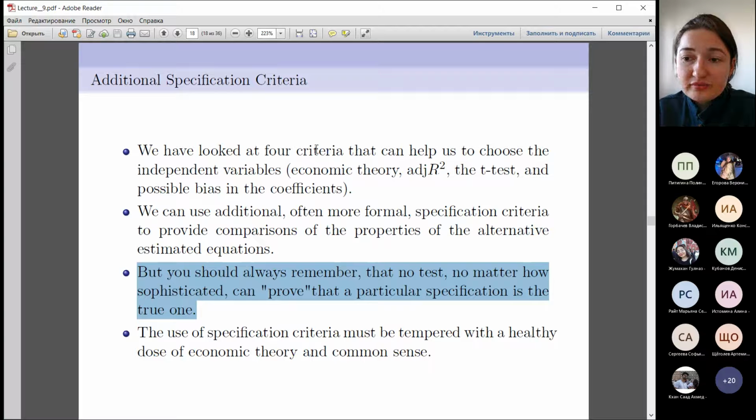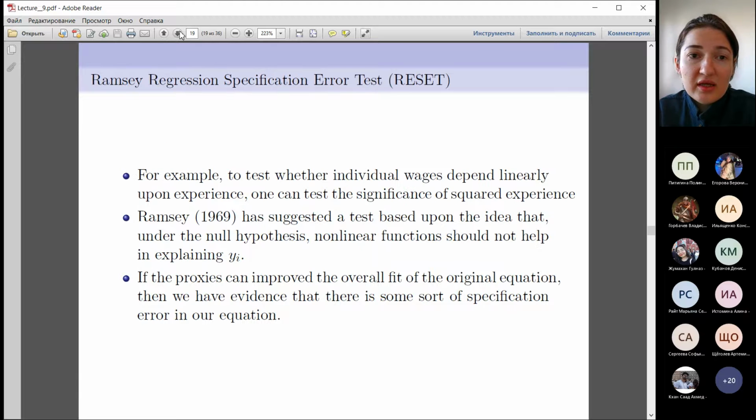So now we are going to describe some popular specification criteria. Let's start with the Ramsey regression specification error test, or RESET test, or shortly the Ramsey test.